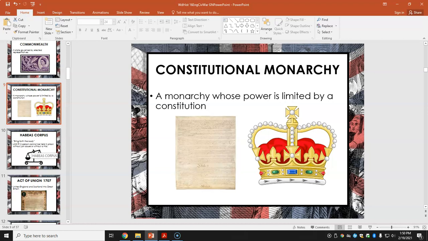And this is all thanks to that whole Enlightenment era that we talked about. But they do still have a king and queen. They do have a representative form of government under their Commonwealth. But the king is still pretty powerful here.